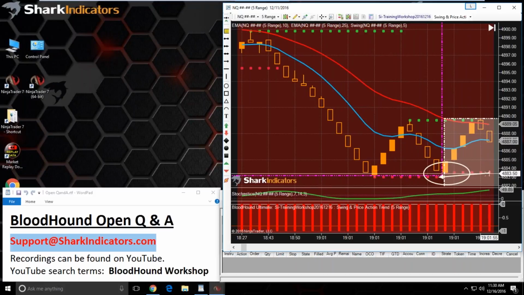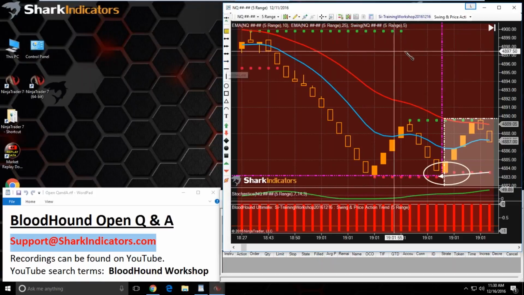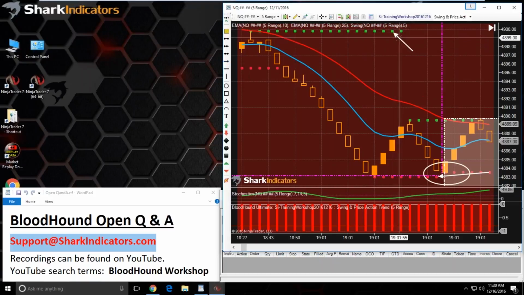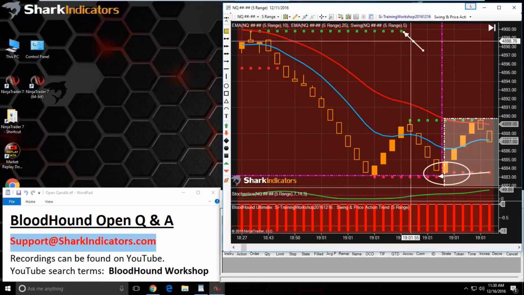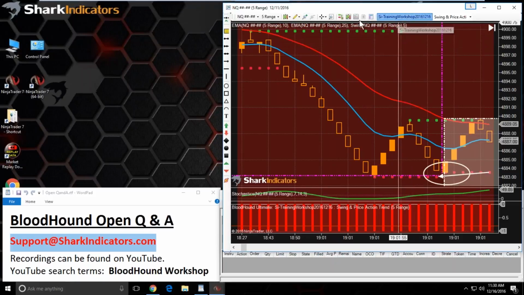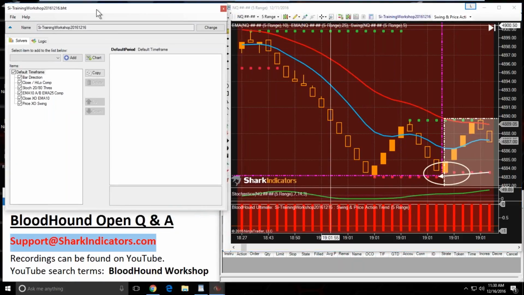We get to this bar, and then the swing low plot gets adjusted there. So, all right. We want to identify when the swing low steps up, or we want to identify when the swing high ever steps down. So, all right, let's get BloodHound back open.